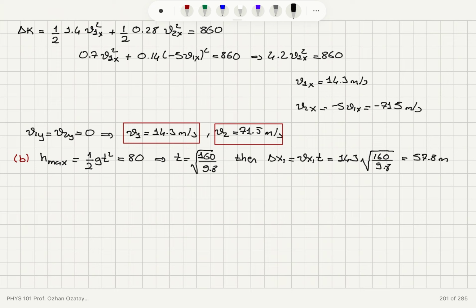So this gives us 57.8 meters. On the other hand, for delta x2, I have v2 times t, which is minus 71.5 times the square root of 160 over 9.8, which is minus 289 meters.